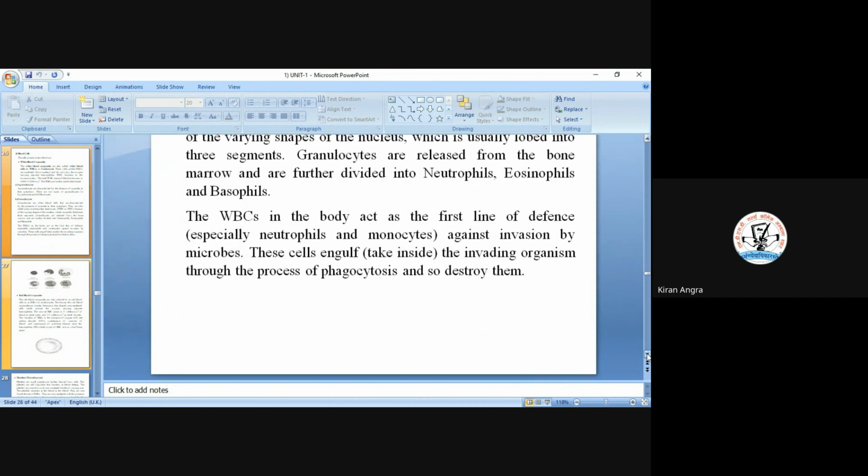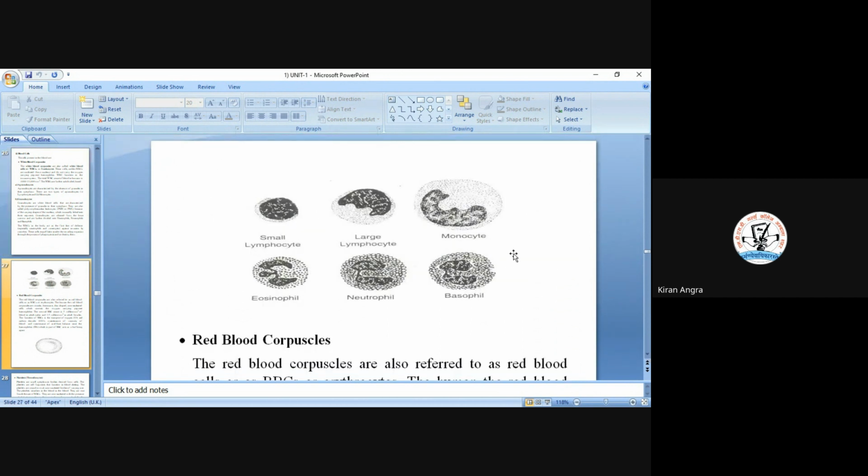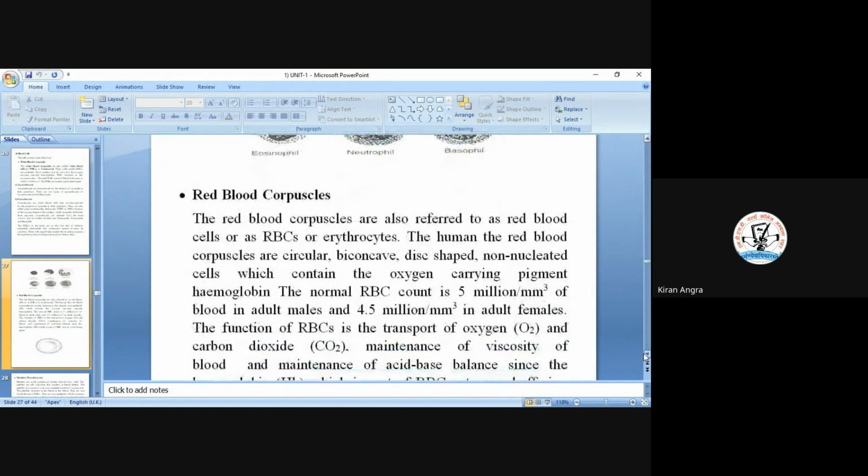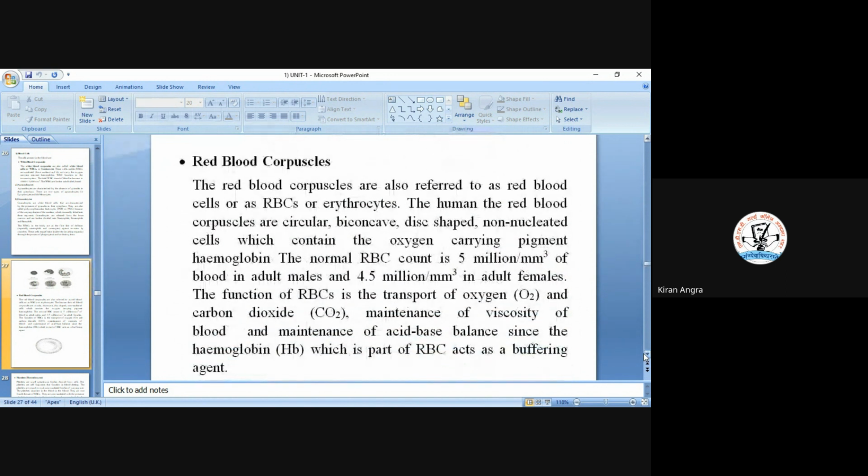Now the red blood cells, also called erythrocytes. The human red blood corpuscles are circular, biconcave, and disc shaped. They don't have a nucleus, but they contain the oxygen carrying pigment hemoglobin.